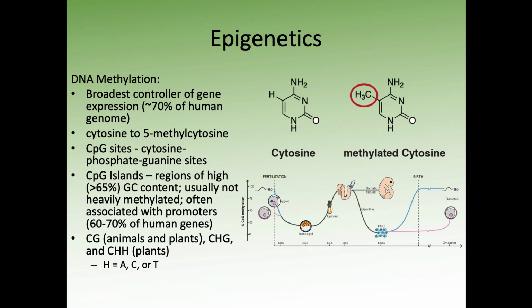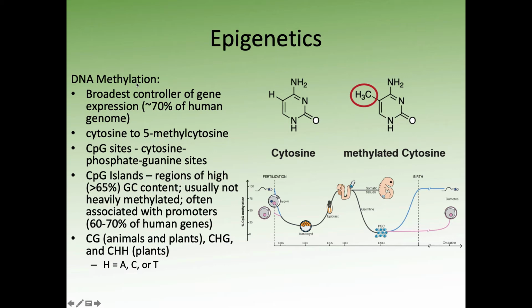When we're talking about DNA methylation, in most cases we're looking at cytosine, and sometimes in cytosine we'll find a specific region where there's actually a methyl group, a 5-methyl cytosine, instead of just a regular cytosine. DNA methylation is generally believed to be the broadest controller of gene expression.